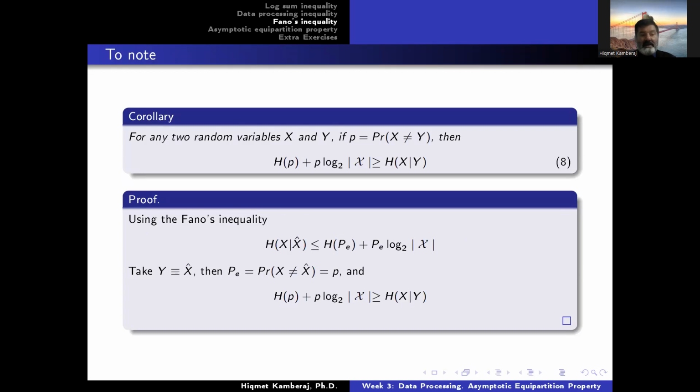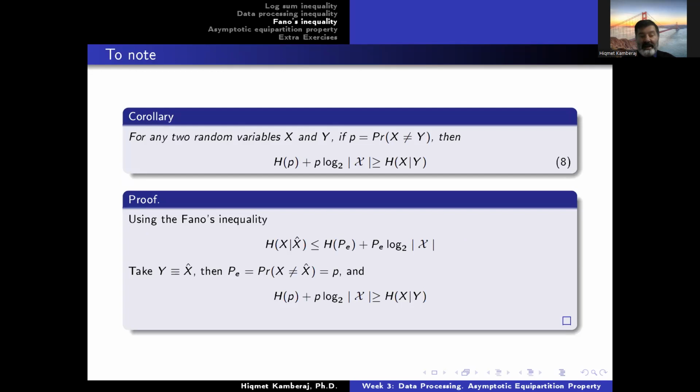Next part is the corollary. For any two random variables x and y, if P is equal to the probability of x being different from y, then the entropy of P plus P log with base 2 of the cardinality of chi is greater than or equal to the entropy of x given y. To prove this one, we start using Fano's inequality.